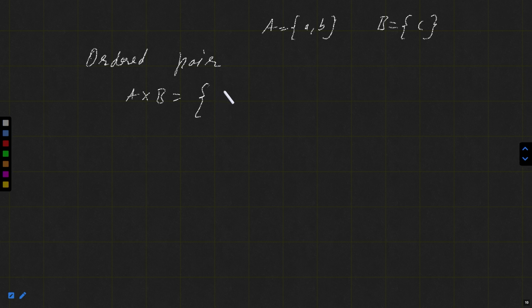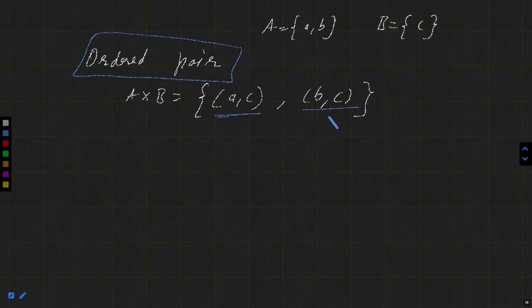So A cross B was {(a, c), (b, c)}. Now we use this term ordered pair in the Cartesian product. So what do we mean by this term ordered pair?